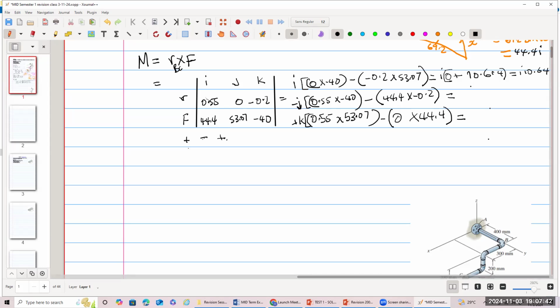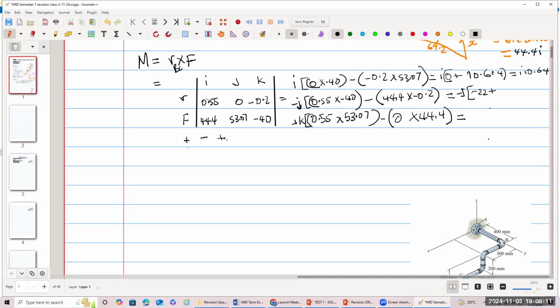All right, what about the next one? We have minus j now, waiting for us. Let's work out everything in brackets. So it's 0.55 times 40, minus 40 times 40, so that gives us minus 22. And the next one you're going to get plus, because you have a minus outside.